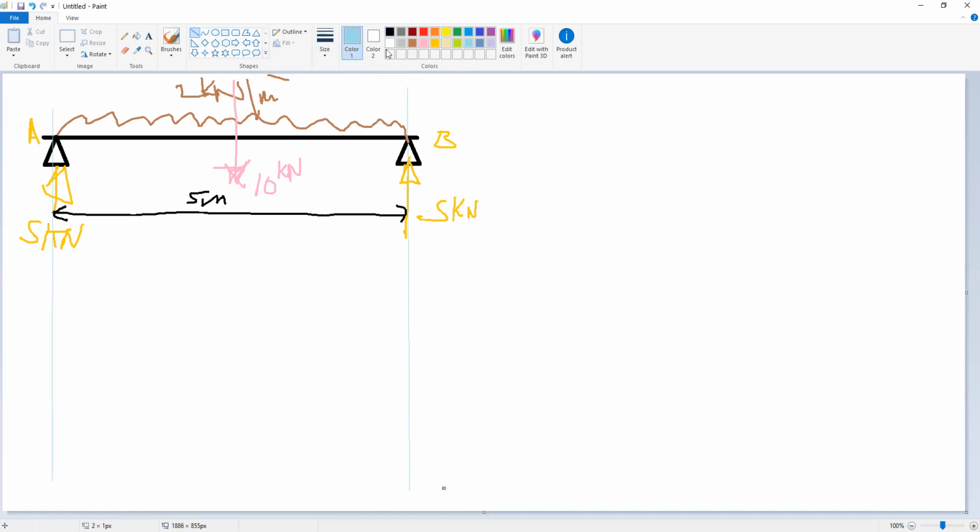Then we will do the datum. Okay, so this is the datum. On this datum, we will do the shear force diagram. How can we draw the shear force diagram on this beam? Do you know?